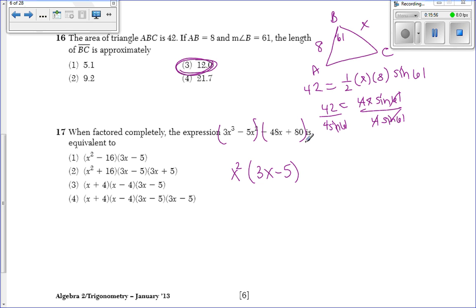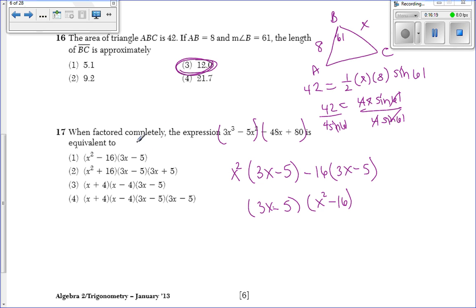Here, I'm going to pull out a negative, and the largest value that goes in there is 16 in both of them. So that will leave me with 3x minus 5 again. So I have 3x minus 5, and then x squared minus 16.